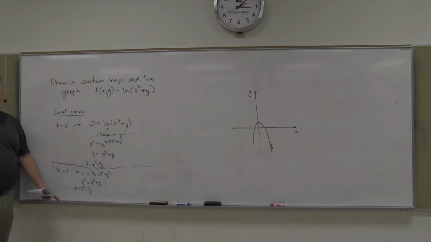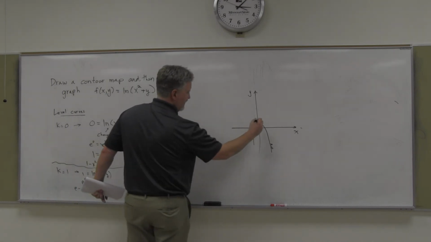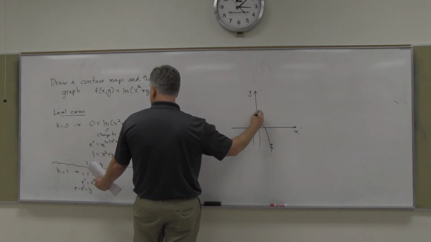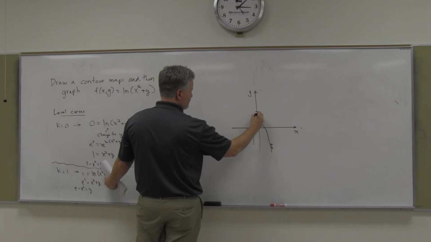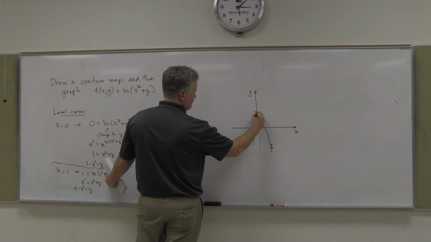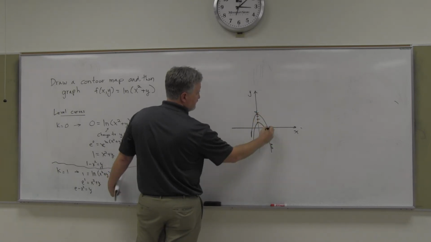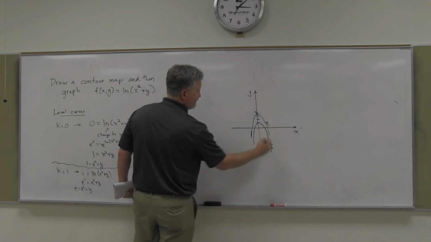What's that? Well, that's the upside down parabola shifted e, which is about 2.72. So at k equals 1, it's shifted up 2.72. Let's put it right about there. But it's the same shape. So that's for k equals 1.